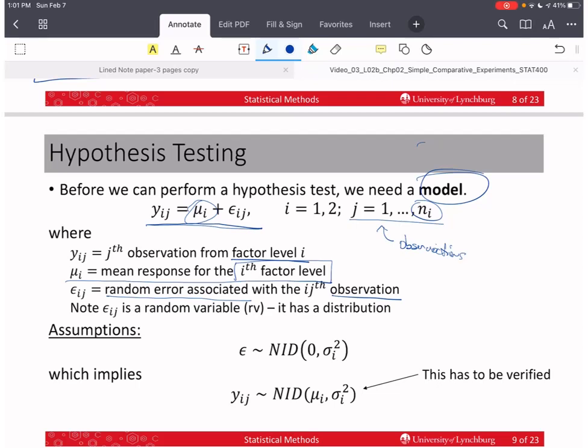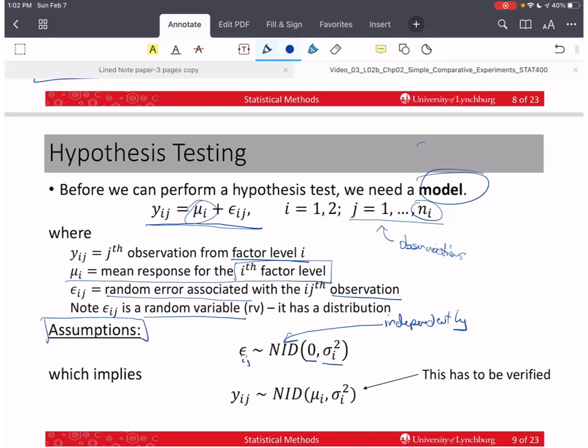So epsilon ij is a random variable, and it has a distribution, and the assumptions that we'll use in this section and that we need to test are that epsilon ij is normally and independently distributed, with mean 0 in this case and variance sigma sub i squared.